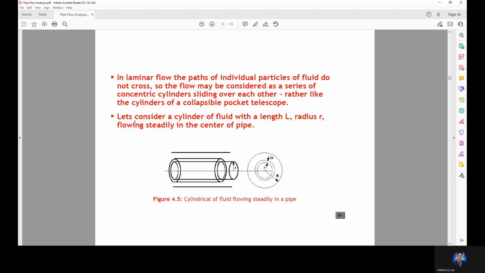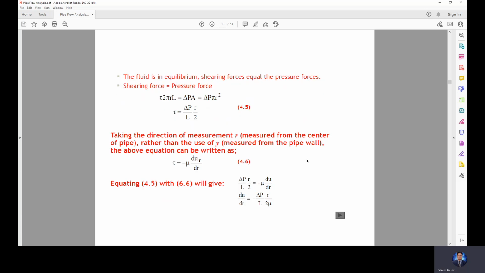So this is a cylinder, actually this is the pipe, with a length L and radius R. Okay, so the fluid is in equilibrium, shearing force equal to the pressure force.